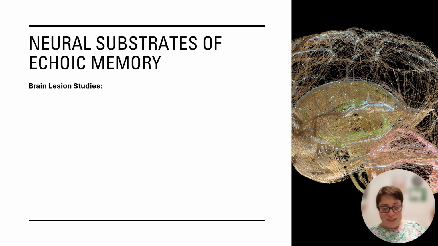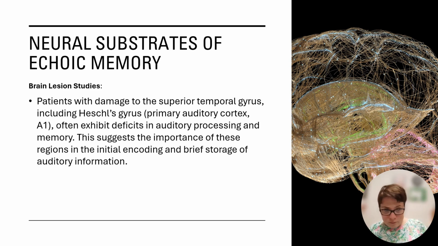Neural substrates of echoic, or auditory, sensory memory are similar. So patients with damage to the superior temporal gyrus, and especially the primary auditory cortex, often exhibit deficits in auditory processing and memory. And this suggests that these regions are going to be critical for the initial encoding and brief storage of auditory information.